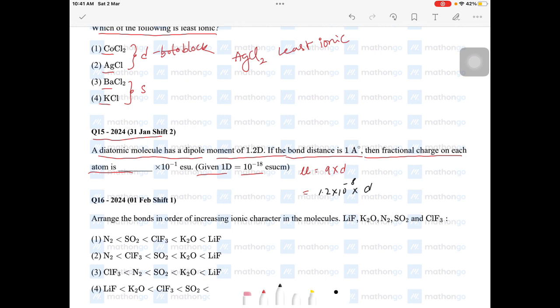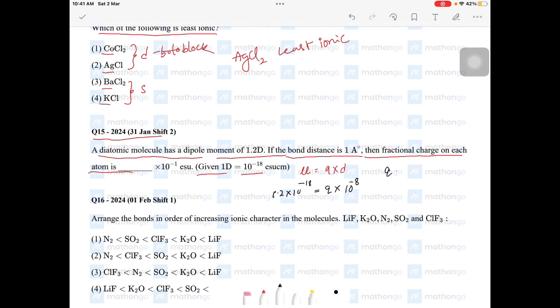Mu value they gave is 1.2 into 10 to the power of minus 18, equal to q, the question mark, times distance. Distance is 1 angstrom, convert into centimeter, 10 to the power of minus 8.